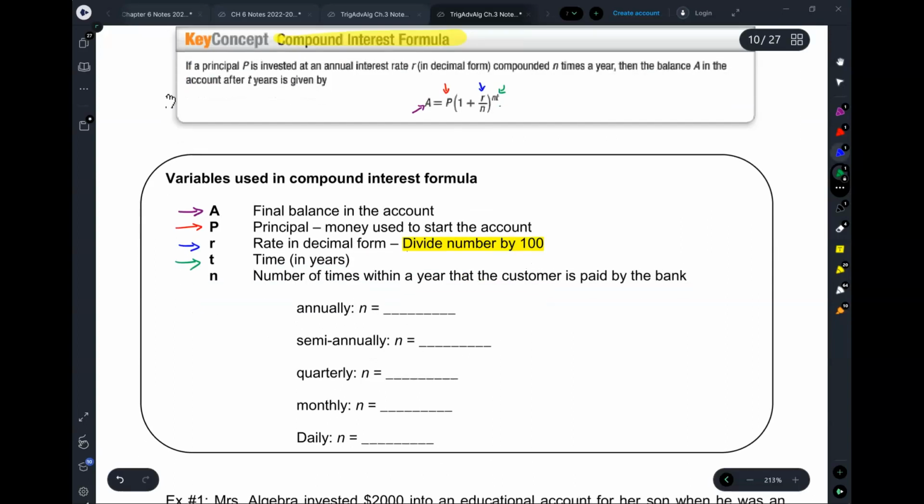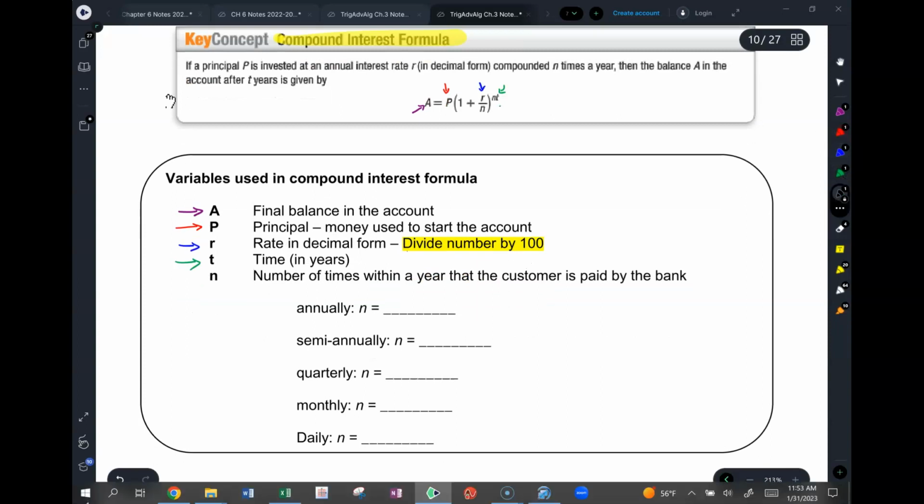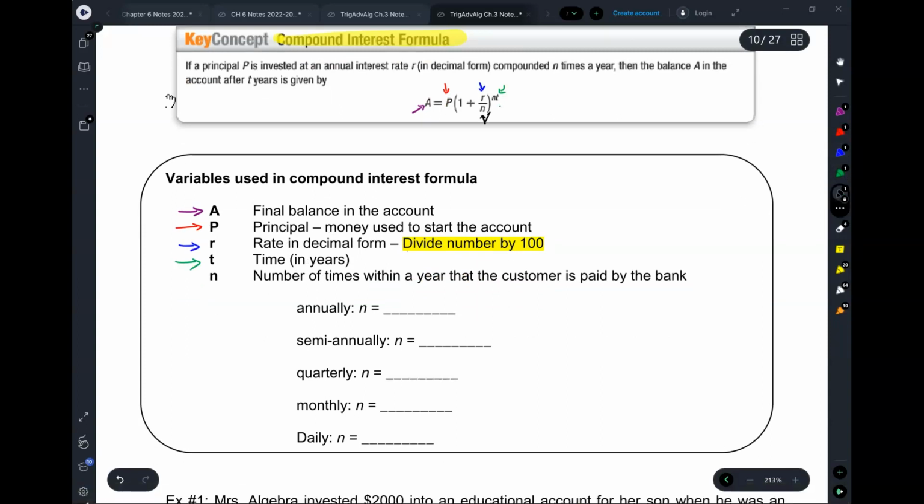N, it shows up twice, okay, here. N is the number of times within the year that the customer is paid by the bank. And this depends on what type of account you have. So for example, if the account is something that pays you annually, can you please put your calculator away right now?